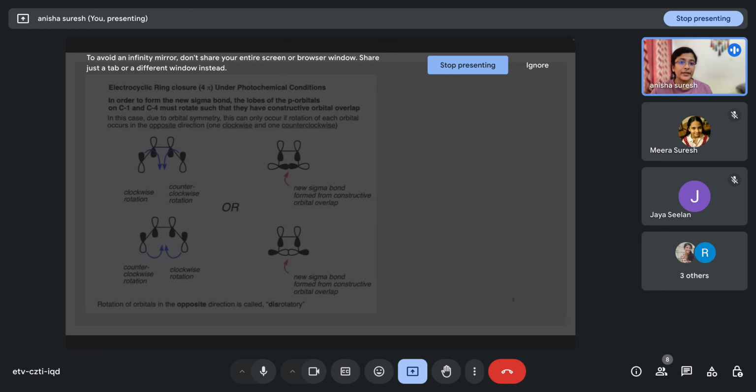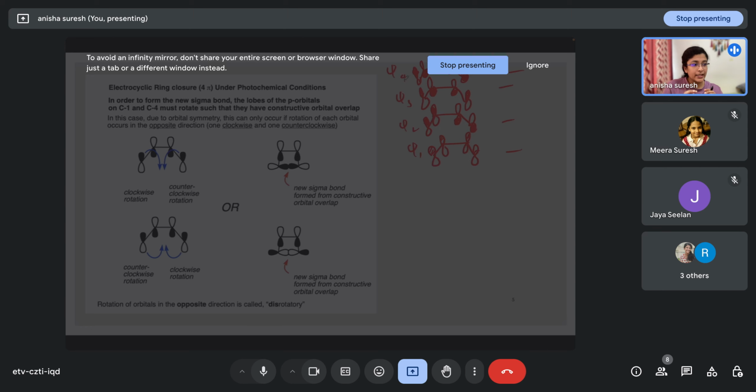So in the case of photochemical condition, we have seen the four lobes: psi 1, psi 2, psi 3, psi 4.